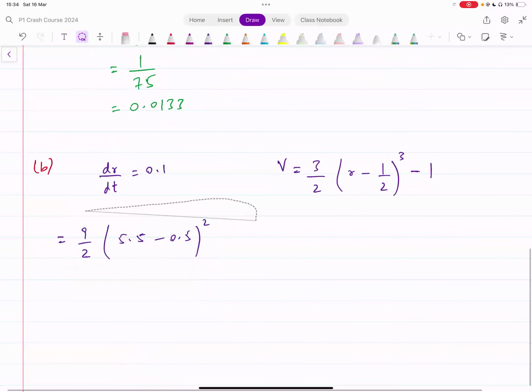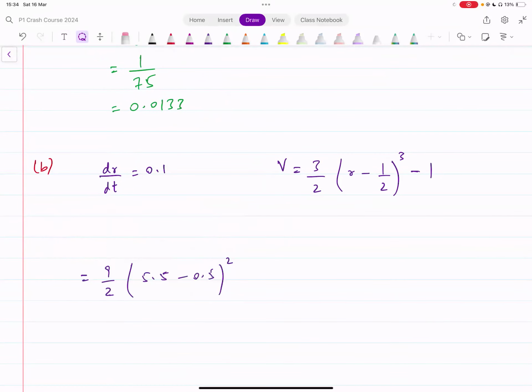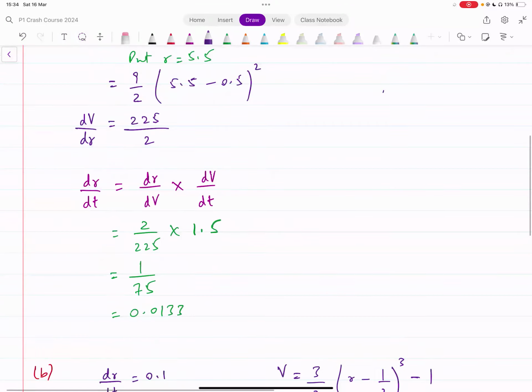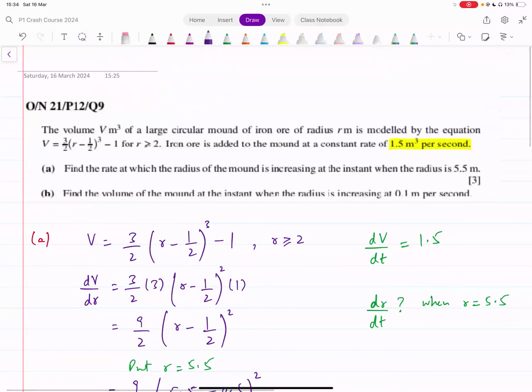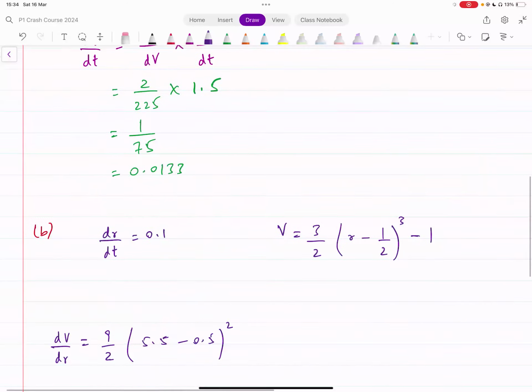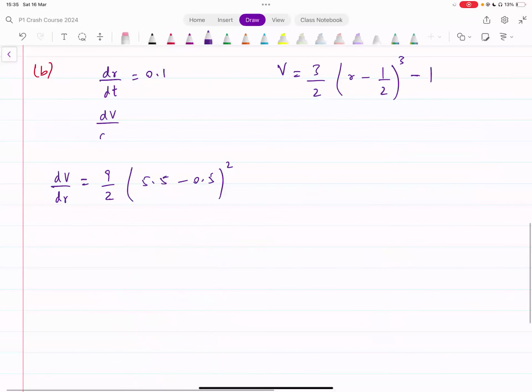This is dv over dr, one thing that we have found already. And the question also told us that the rate of change of volume with respect to time is 1.5. That's constant, so that's still the same. dv over dt is still 1.5.